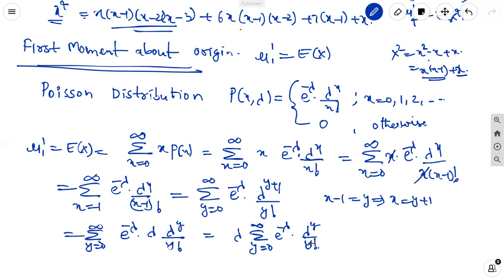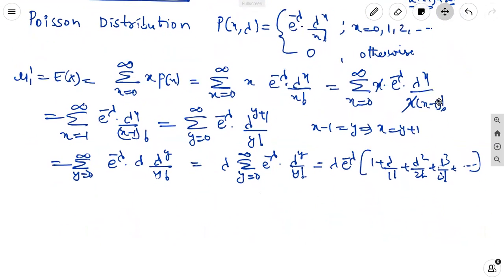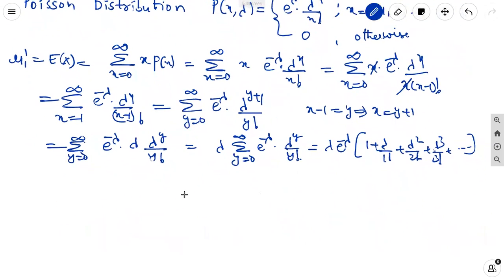Here e power minus lambda is taken outside. Here lambda into e power minus lambda times 1 plus lambda by 1 factorial plus lambda square by 2 factorial plus lambda cube by 3 factorial plus so on. The summation of infinite terms is e power lambda, so it is lambda into e power minus lambda into e power lambda.